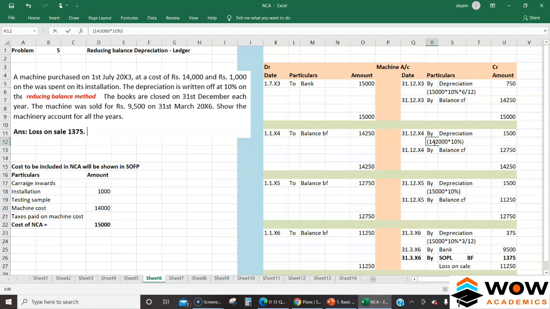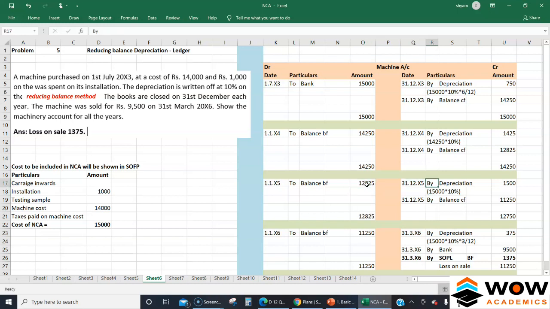We work on the reduced balance only. So the value would be 1425. And what would be the brought down balance? It would be this number minus 1425, which is carried to the next year: 12,825.